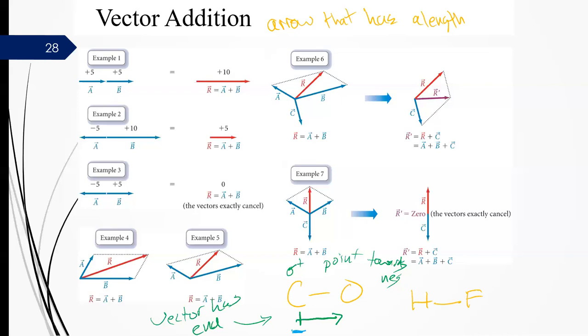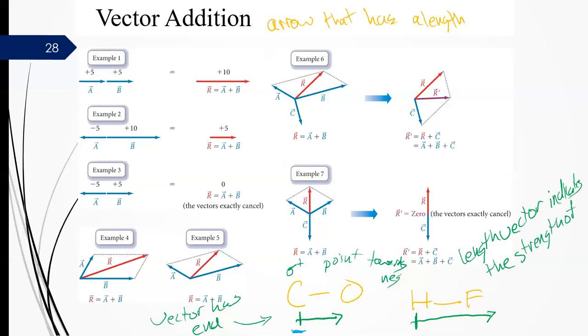And so we should have a longer vector for them. So the length of the vector indicates the strength of the polarity.